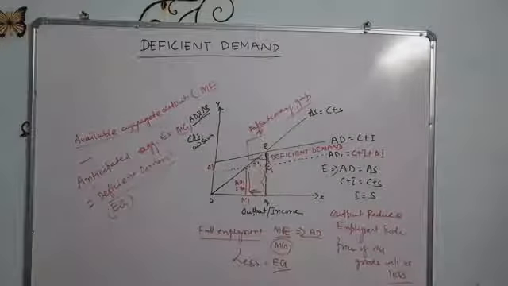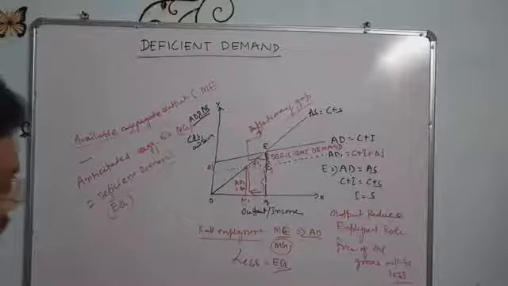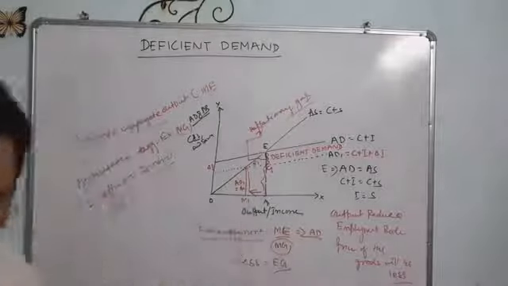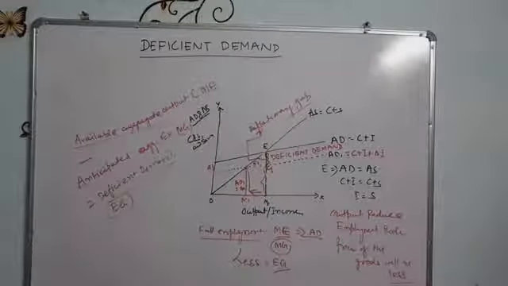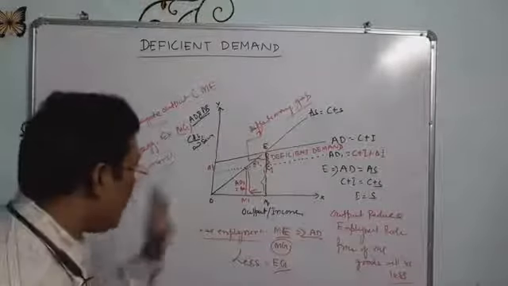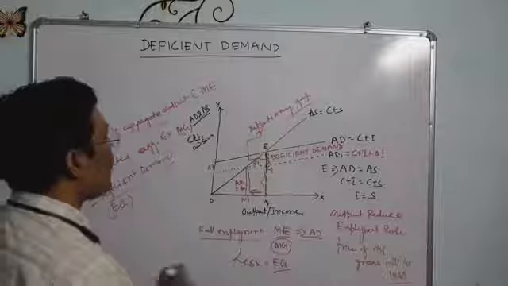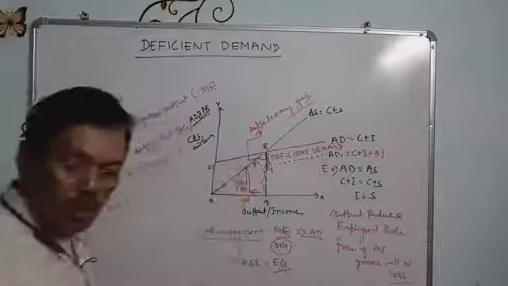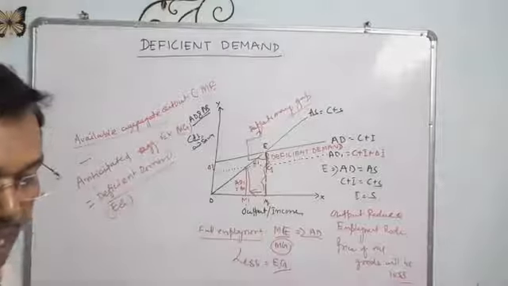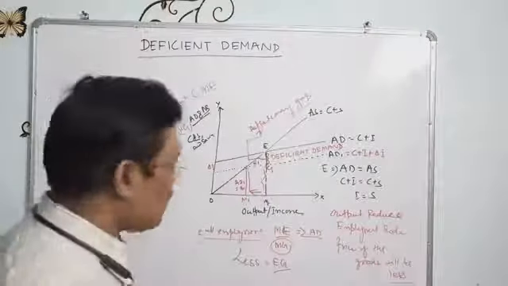So deficient demand gives rise to a deflationary gap which causes the economy's output and employment to decrease, pushing the economy to an underemployment situation. It pushes the economy toward an underemployment equilibrium situation.